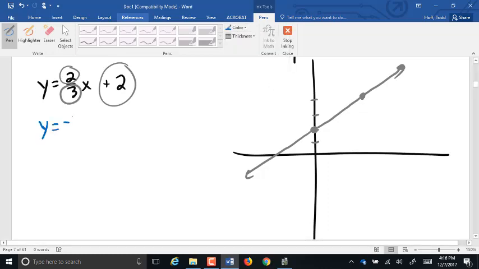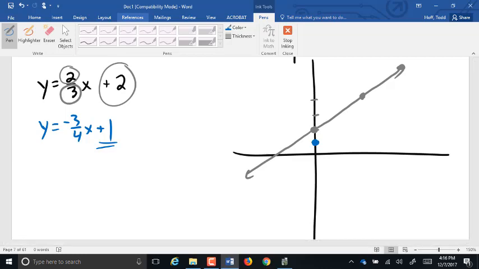What if we have y equals -3/4 x plus 1? Where does this one start? +1 right there from the +1. Now, -3/4, the negative always goes with the rise. The run is always positive.